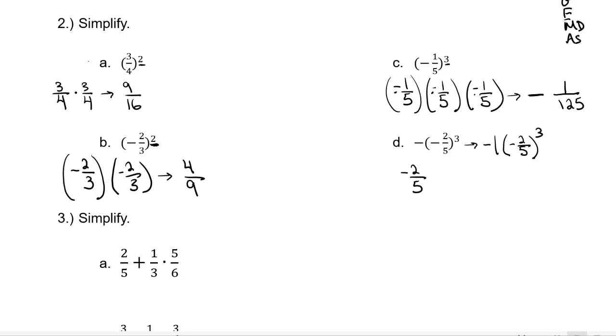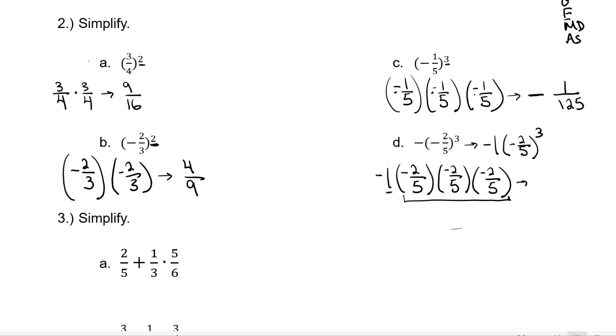So I have -1 times my base, which is -2/5, and I am multiplying 3 of those together. All right, so my sign here, right? Negative times negative is positive times another negative. So my answer is going to end up negative.